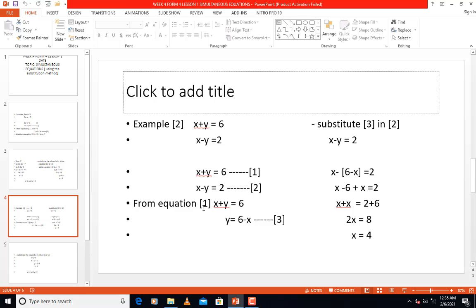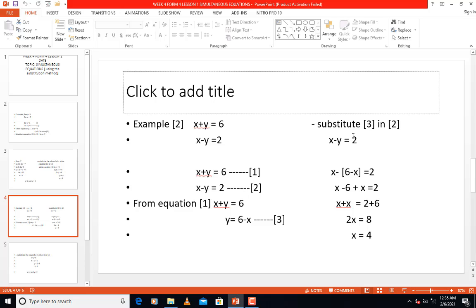Since here you have used equation 1, you can see equation 2 was just staying, was not used. So you are now going to substitute equation 3 in equation 2. As I have written in short here, substitute 3 in 2, which means this is equation 3 and this is equation 2.